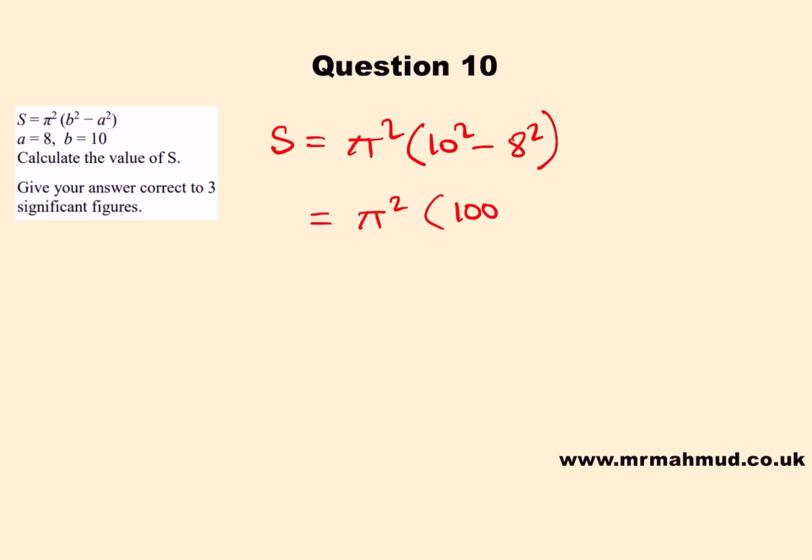That'd be 100, 10 squared, minus 64, 8 squared, times pi squared times 36. So that will give us 36 pi squared in terms of pi.